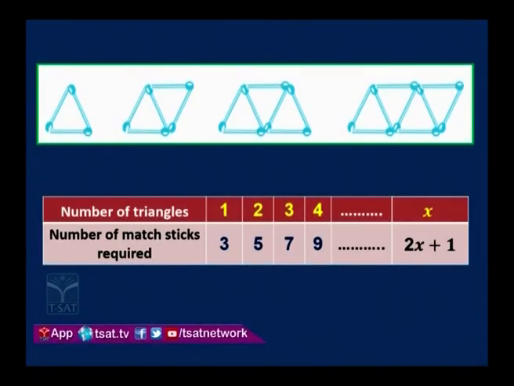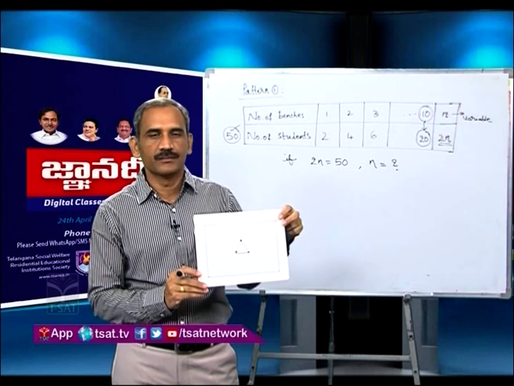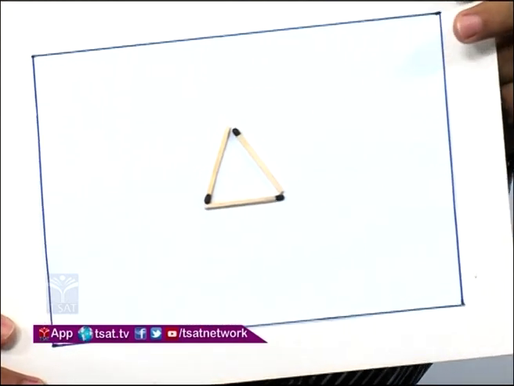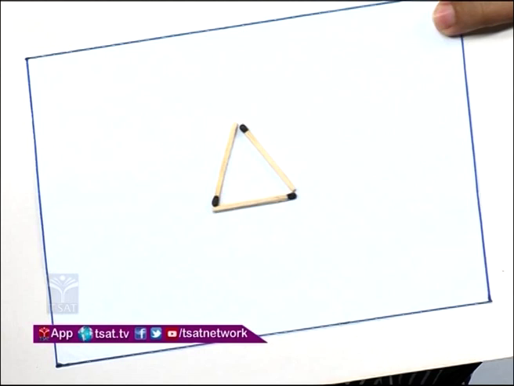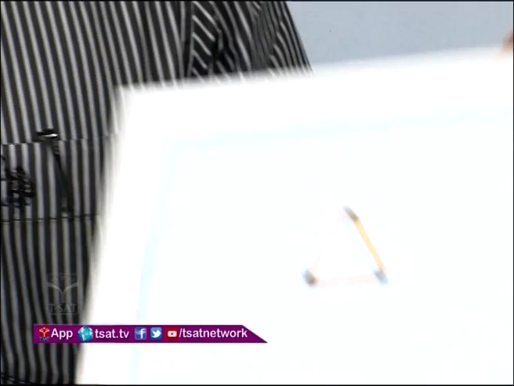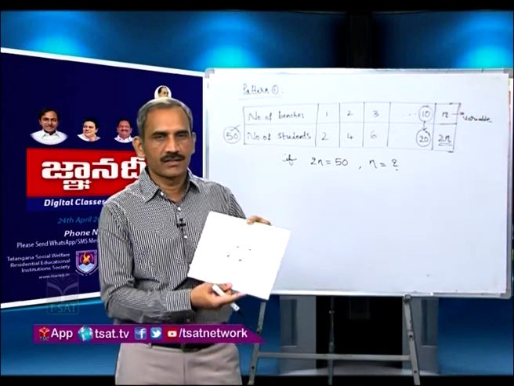If you observe this triangle, I have already shown this activity here. To make one triangle, how many matchsticks do I need? 3 matchsticks. Now, I want to make 2 triangles.